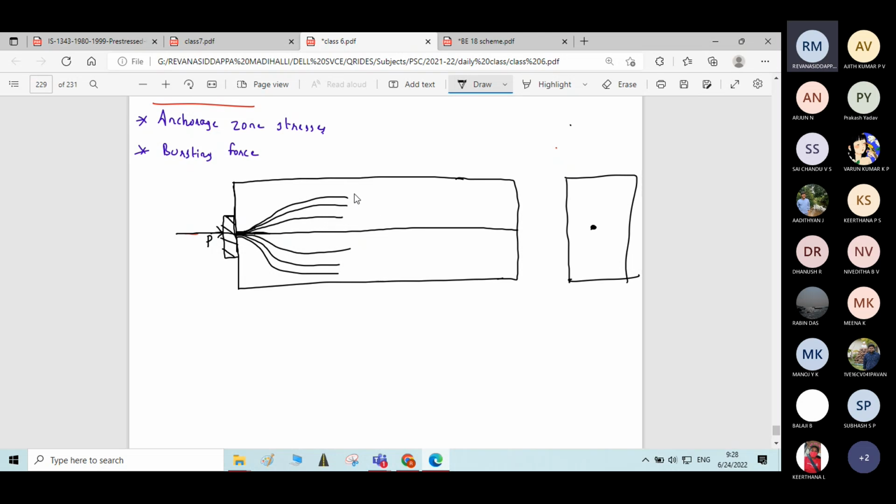Therefore, the zone between the end of the beam and the section where only longitudinal stresses exist is generally referred to as the anchorage zone or the end block. This portion, whatever I have written, is called the end block.